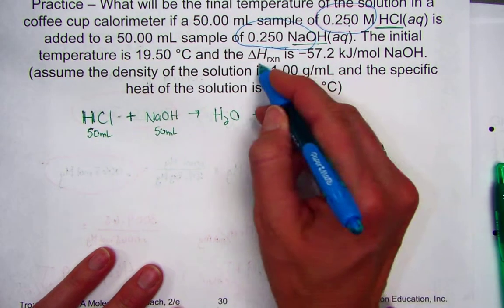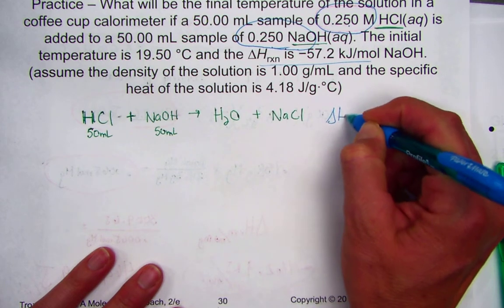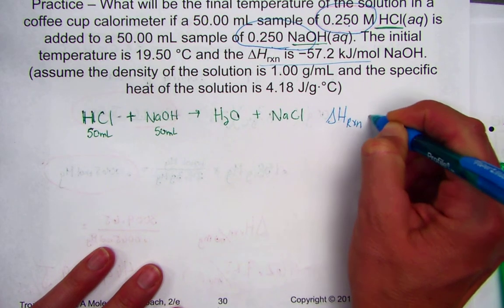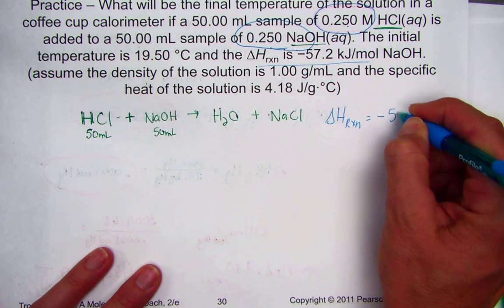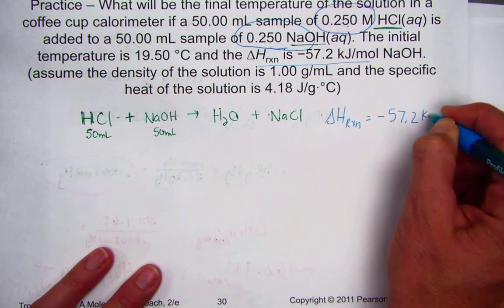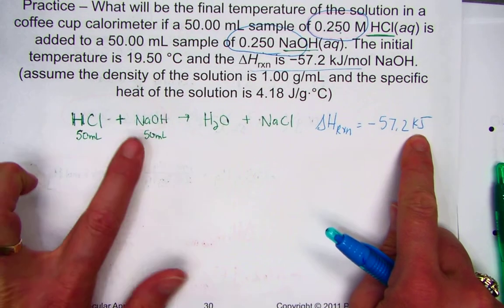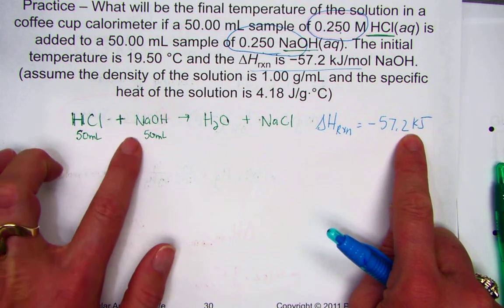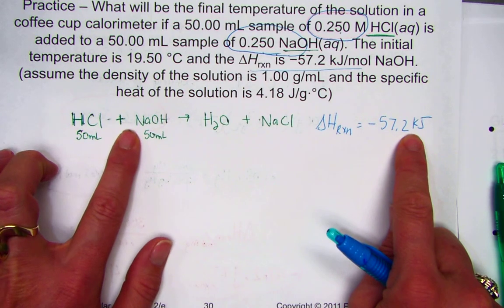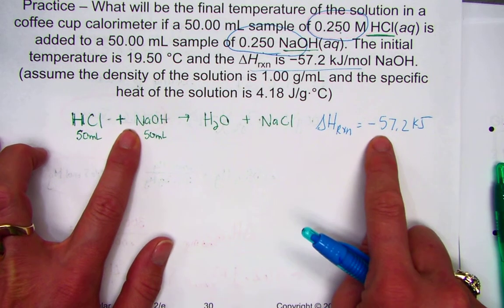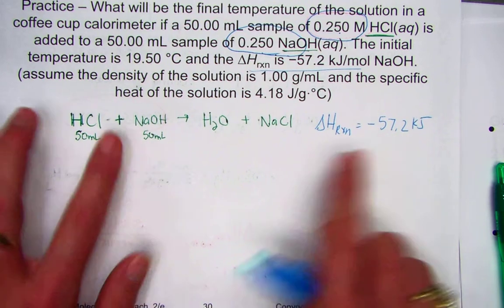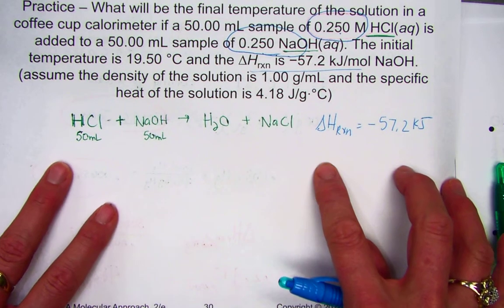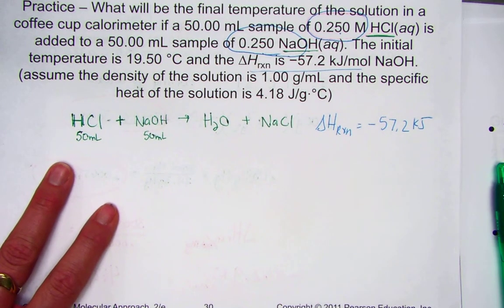But this is an important number. When this reaction proceeds, it releases negative 57.2 kilojoules of energy for every 1 mole of sodium hydroxide. Well, the coefficient here in front of NaOH is indeed a 1. So negative 57.2 kilojoules shows the enthalpy change for this acid-base reaction.